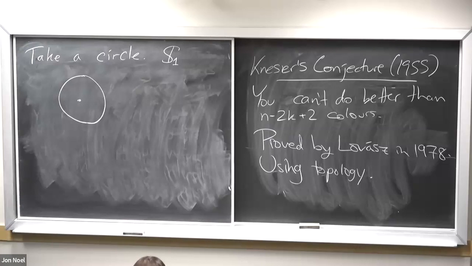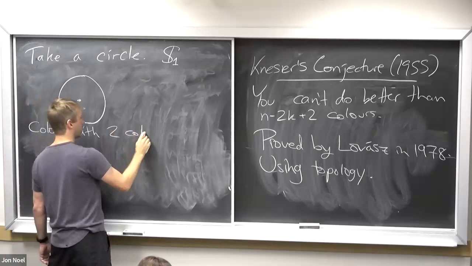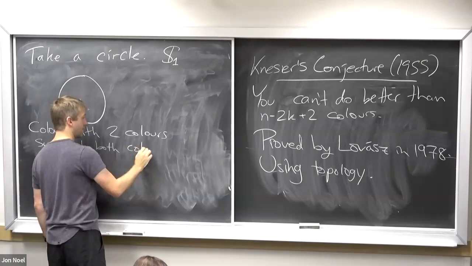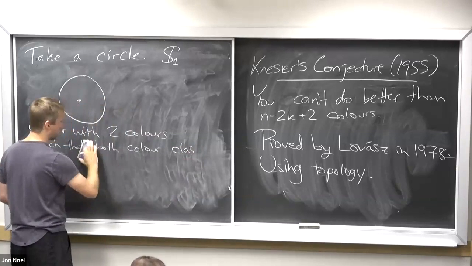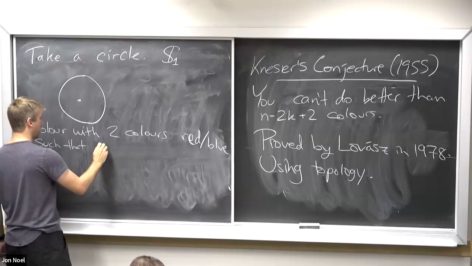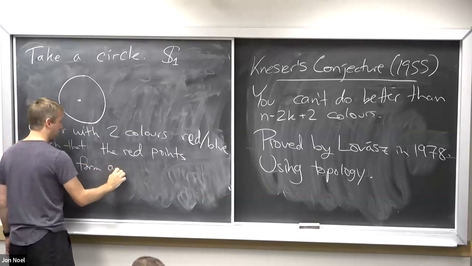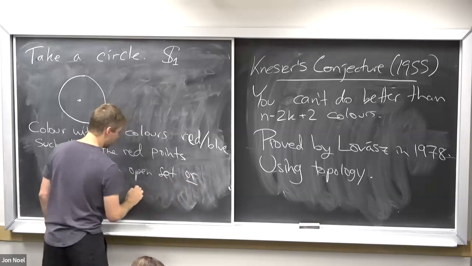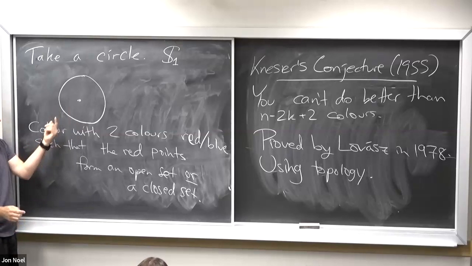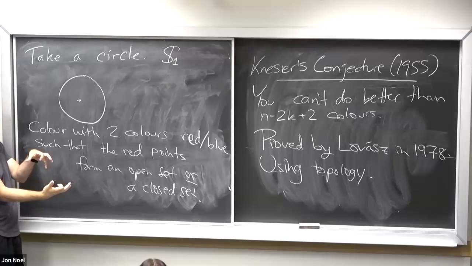Color it with two colors, red and blue, such that the red points form an open set or a closed set. In this one-dimensional case, that also means the blue set is open or closed. When we go to higher dimensions, we'll have a bunch of sets that are open or closed, and the last one doesn't have to be, but anyway.